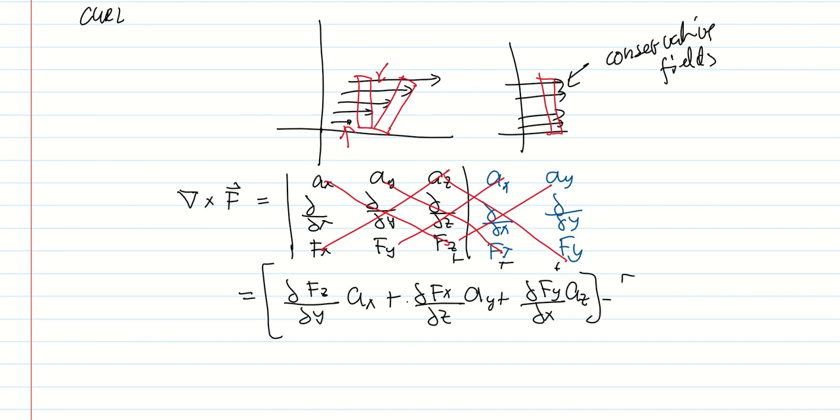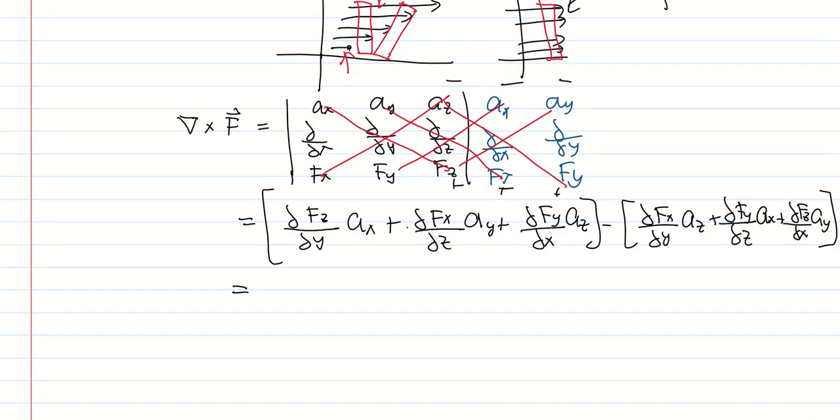Then we subtract: minus the partial derivative of f_x with respect to y in the z direction, minus the partial derivative of f_y with respect to z in the x direction, and lastly minus the partial derivative of f_z with respect to x in the y direction.